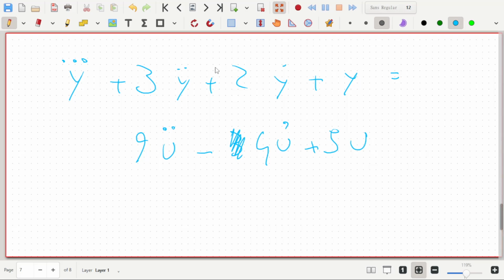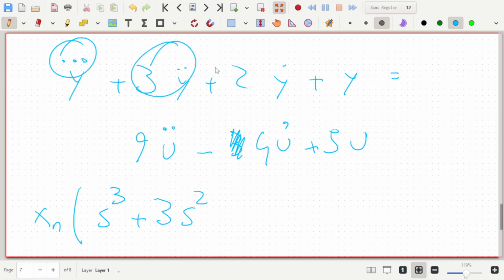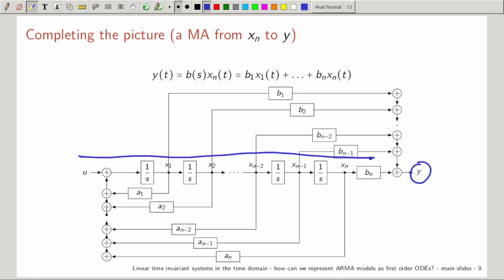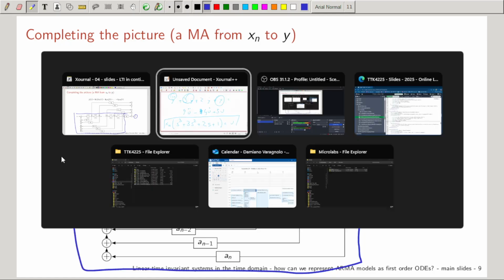We are saying that essentially we are rewriting this as xn that multiplies s cubed plus 3s squared plus 2s plus 1, together, is equal to u. This part here is what? Up to here. We are together? Perfect.